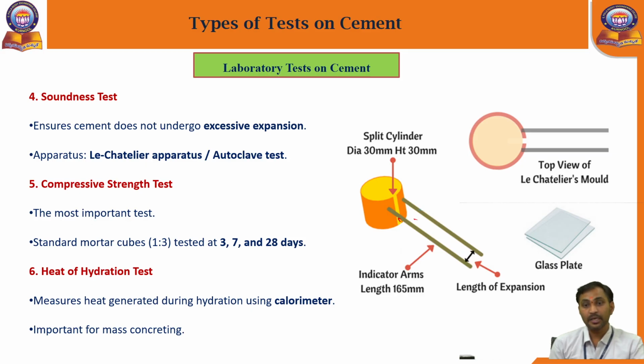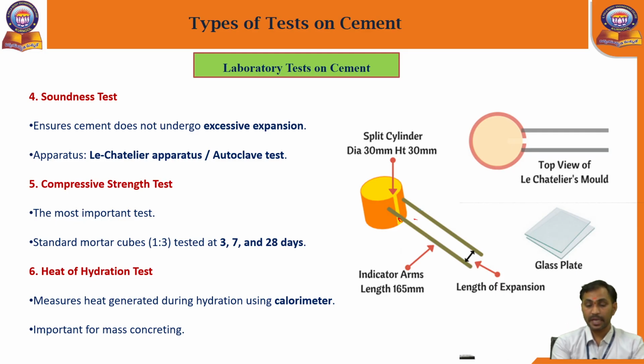The initial length of these two arms is less than 100 mm. After preparing the cement paste, we check the expansion of the cement.